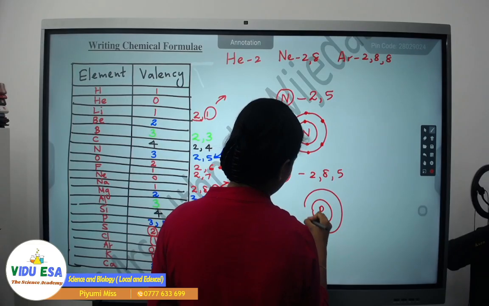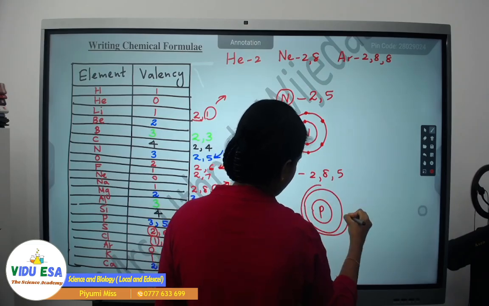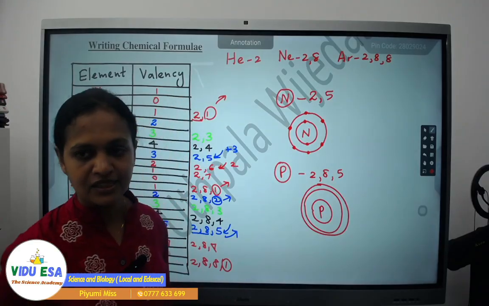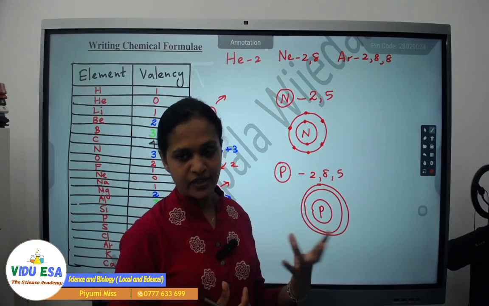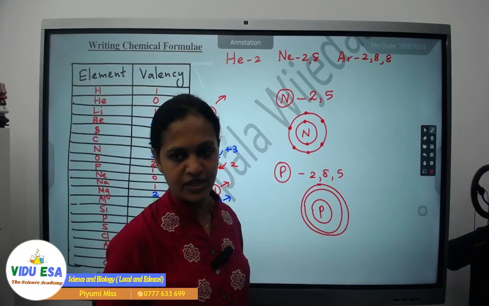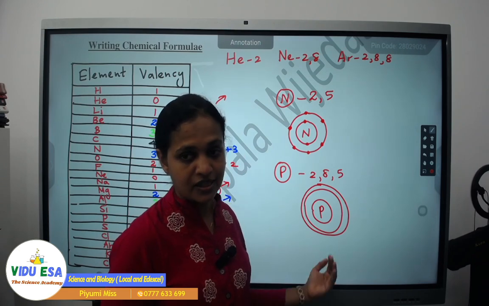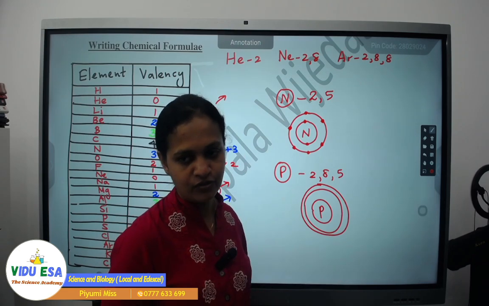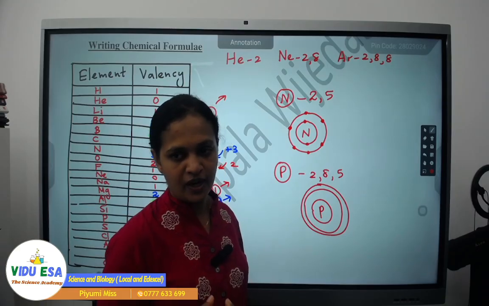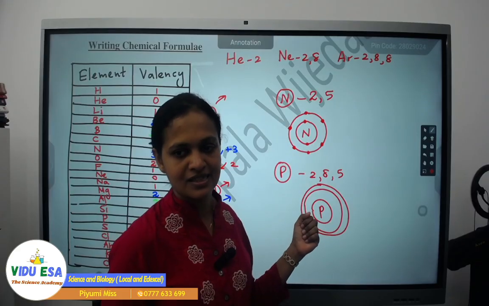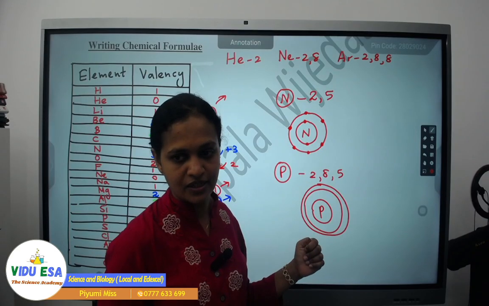1, 2, 3. Therefore, the distance, just like with electronegativity and the first ionization energy we mentioned, the distance from the nucleus to the outermost energy level is greater here. Therefore, the attractive power from the nucleus to the electrons in the outermost energy level is less when compared to nitrogen.